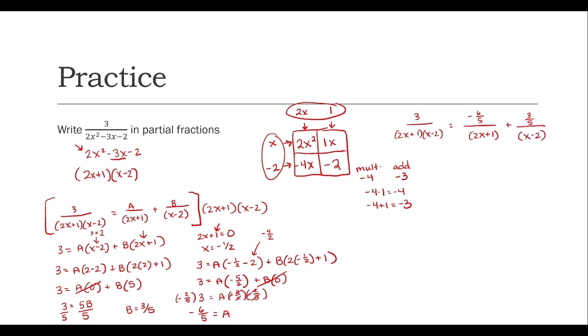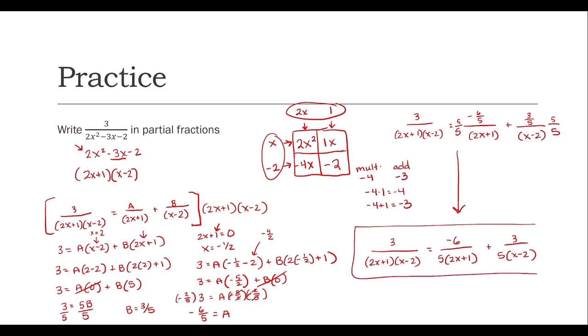And then we'll multiply both fractions by 5 over 5 so that we can get rid of the fractions in our numerators. So we'll write our final answer down here. We'll have 3 over 2x plus 1 times x minus 2 equals negative 6 over 5 times 2x plus 1 plus 3 over 5 times x minus 2. So here's our final answer.